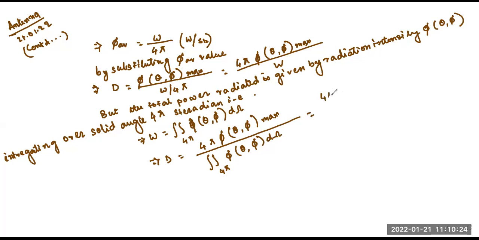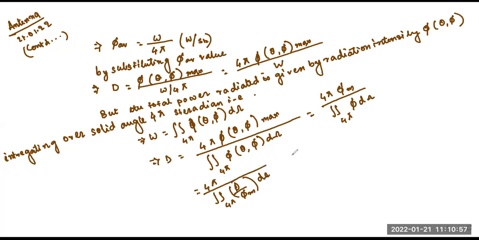That gives you 4 pi phi m by integration over 4 pi, that is equals to 4 pi by double integration over 4 pi of phi by phi m d omega, where omega is solid angle, that is equal to sine theta d theta d phi.